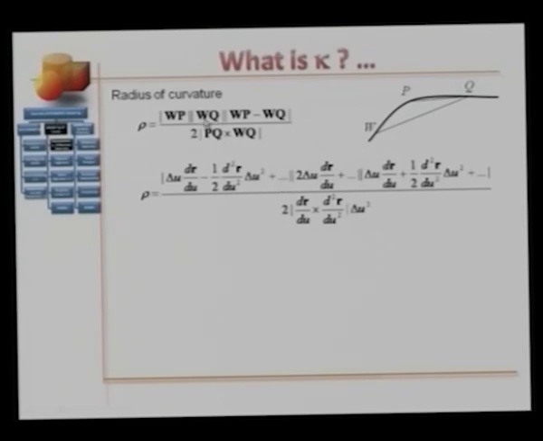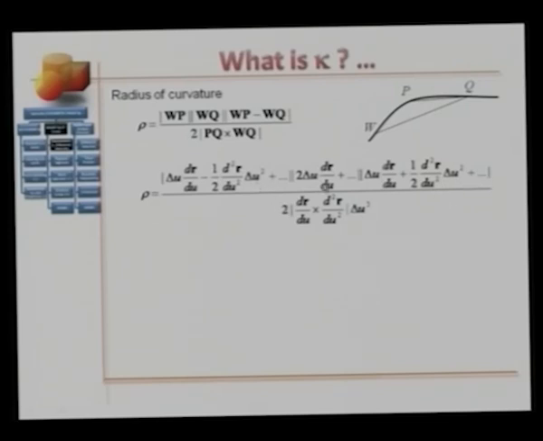Mod of WQ, which is 2 times delta u times dr over du plus, again, some higher order terms. Mod of vectors WP minus WQ, which is delta u times dr over du plus half of d2r over du squared times delta u squared plus some higher order terms.